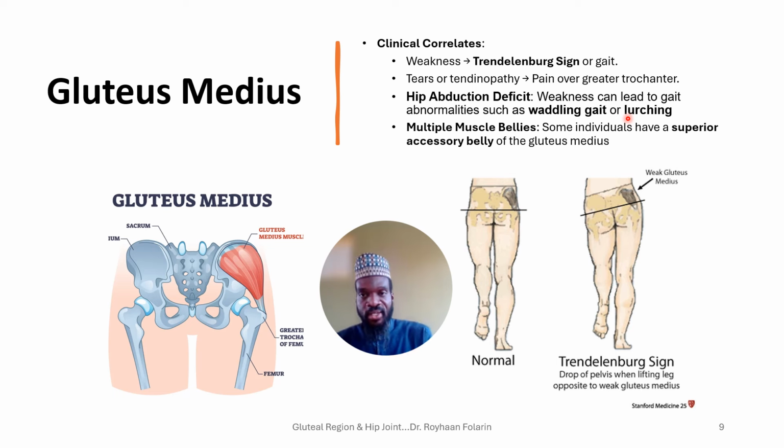While lurching is not a formal medical term, it describes that swaying, the compensatory movement that is seen in individuals with Trendelenburg gait. So don't be confused when we talk about a waddling gait or lurching gait or Trendelenburg gait. Trendelenburg sign is the actual medical term, but lurching is one common way it shows itself.